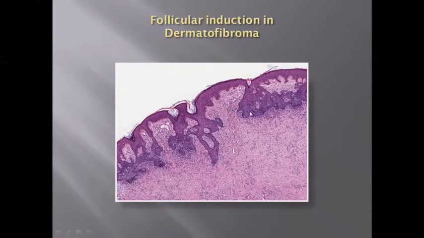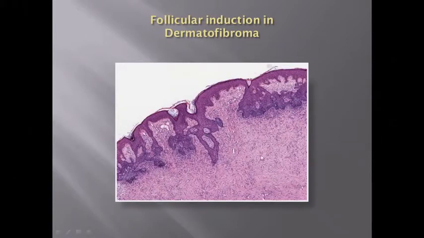And these tumors are well known to show follicular induction. So this is obviously a dermatofibroma, and they characteristically show follicular induction. The epidermis is usually hyperplastic, and this is what I mean by follicular induction. That is where you have the basaloid cell proliferation, including some sebaceous glands sometimes.